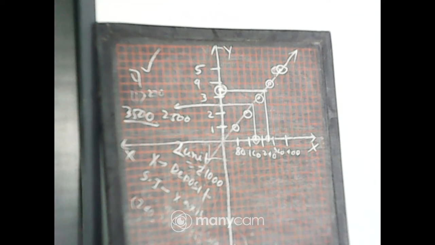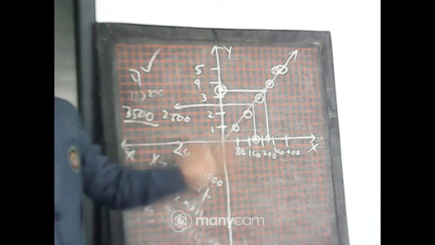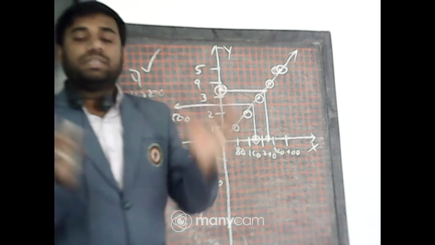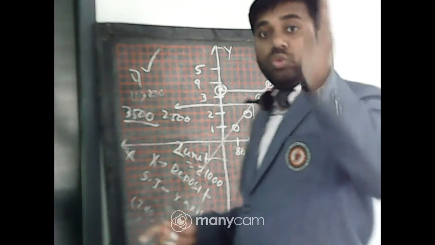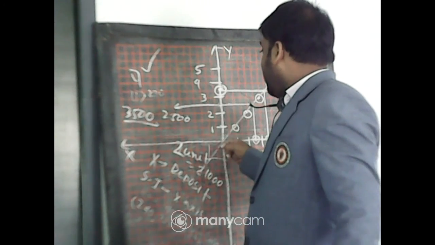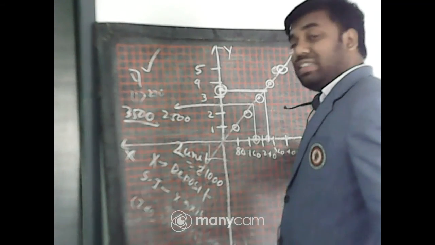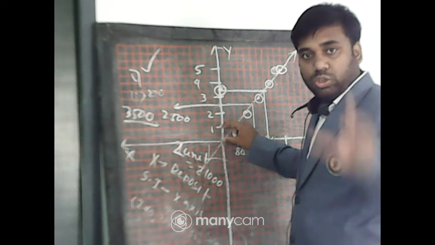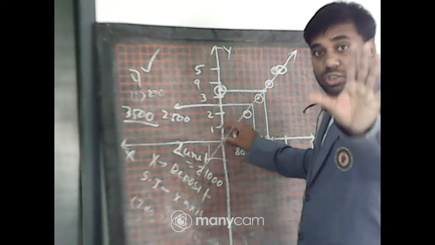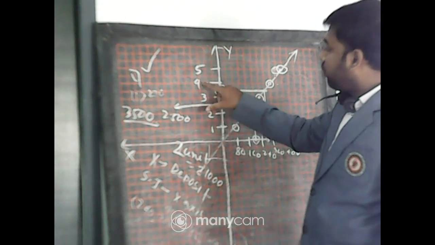Again, I am discussing that. First, I have drawn the x-axis and y-axis. The data given is deposit and simple interest. Along the y-axis, I have denoted the deposit, and along the x-axis the simple interest. Next, I am taking 2 units equal to 1000, so 1000, 2000, 3000, 4000, 5000.